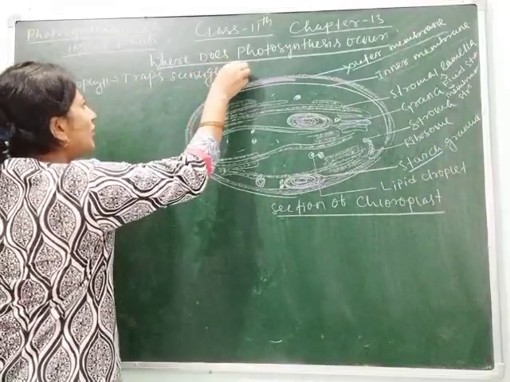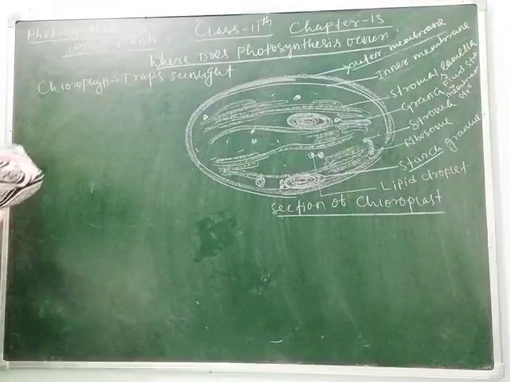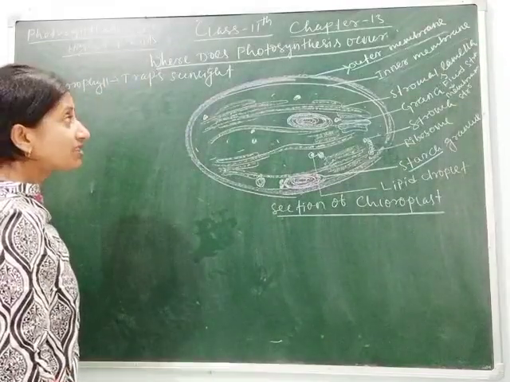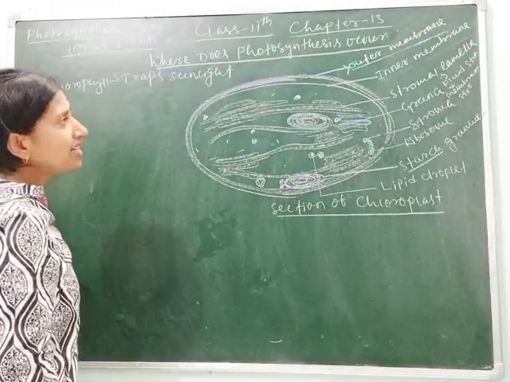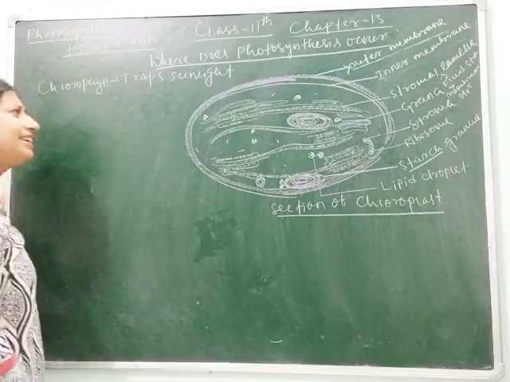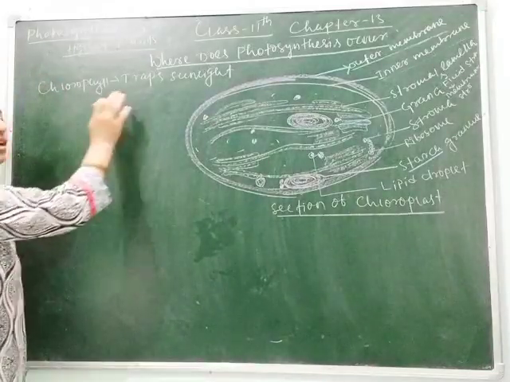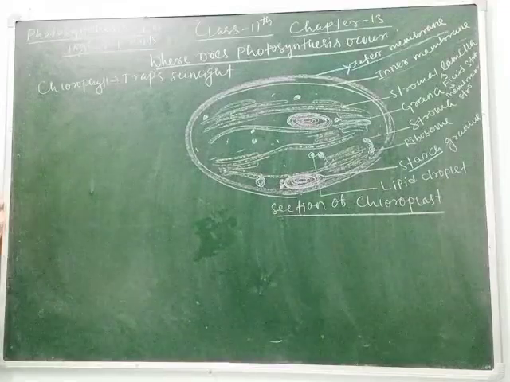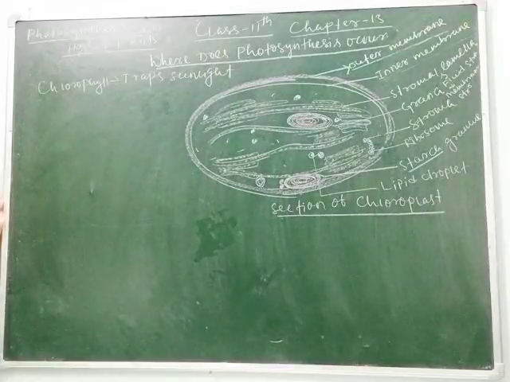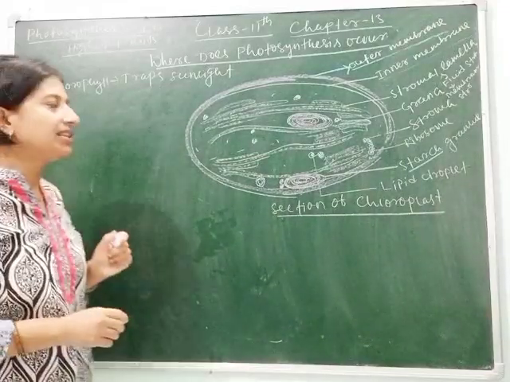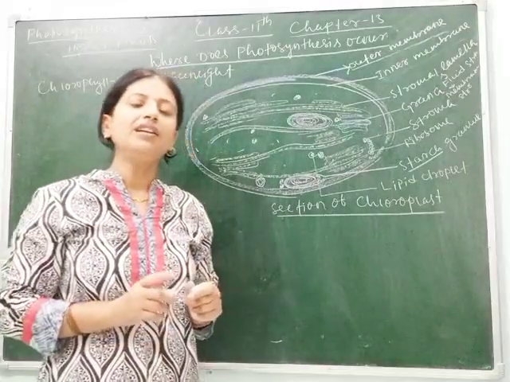As you know, without sunlight photosynthesis is impossible. That's why it is termed photosynthesis, photo meaning light. So this occurs in the leaves.